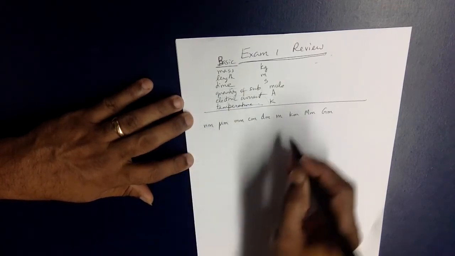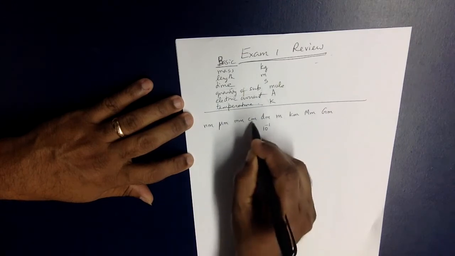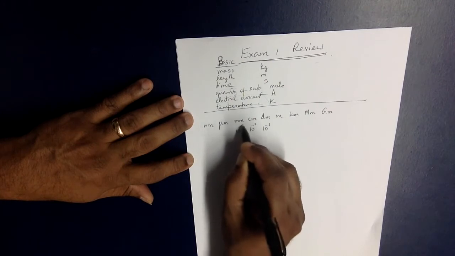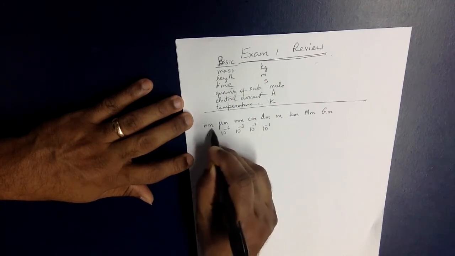Goes on like this. Now what is deci? Deci is 10 to the power of -1. Centi is 10 to the power of -2. Milli is 10 to the power of -3. Micro is 10 power -6. Nano is 10 power -9.